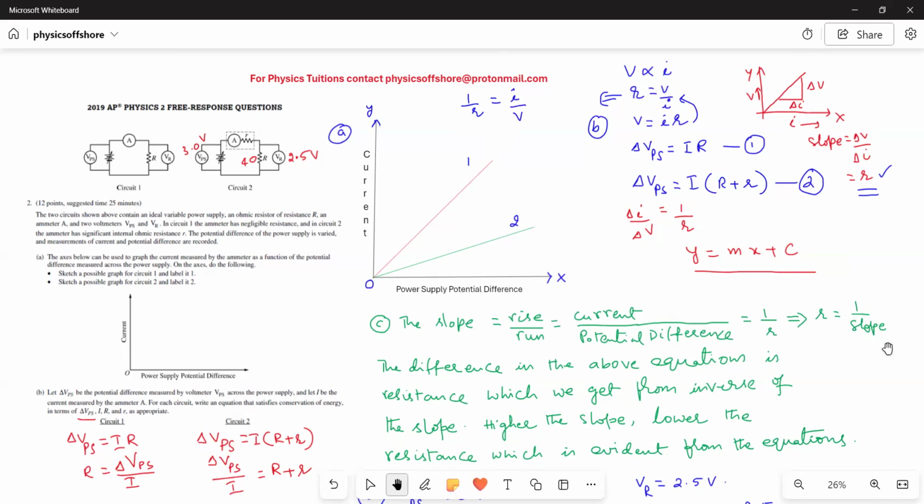So if you see the equations, the resistance for the second circuit is more. That means the slope must be less. See here.